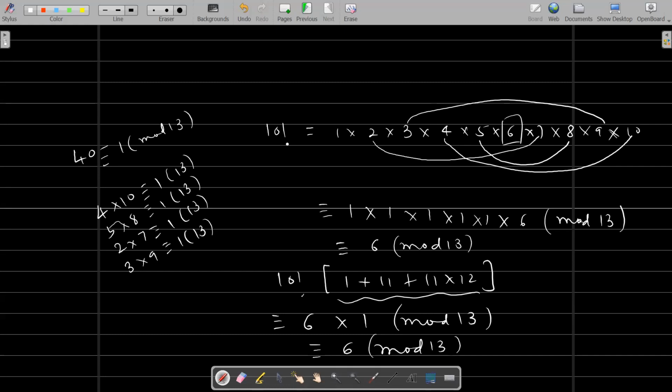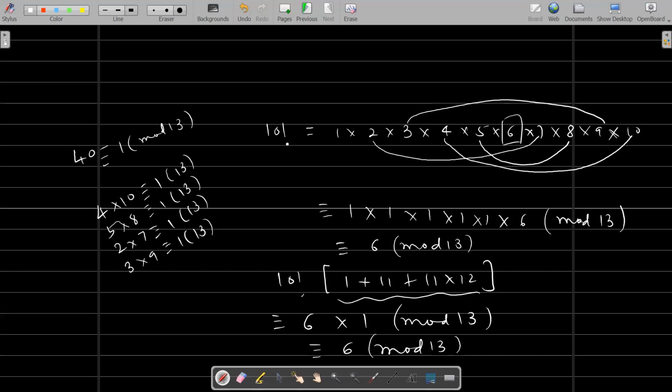See how congruences are so convenient and simple. Otherwise, we would have to actually multiply those three numbers, and it's a huge number: 10 factorial, 11 factorial, 12 factorial. They're big numbers. You would have to find the sum, divide it by 13, and find the remainder. It's difficult to find those products, and even if you find them correctly, finding the remainder after division of such a big number is again one big task.